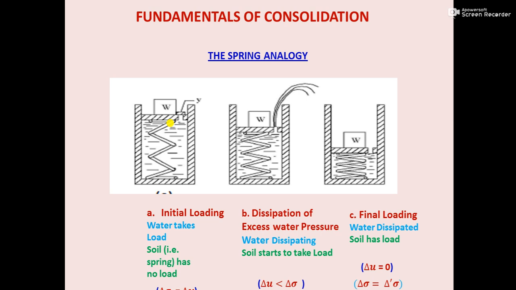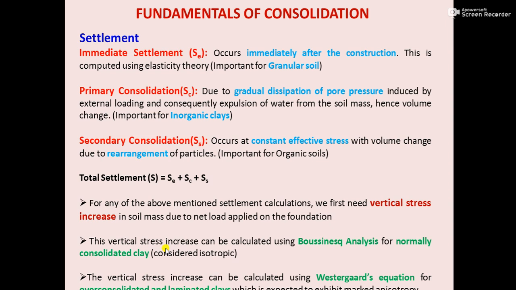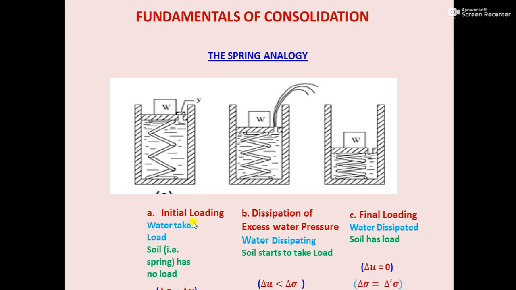Because of the incompressibility of the water, the water will take up the full load of W. So when the initial loading happens, the water takes the load. This complete thing can be considered as the total soil mass.